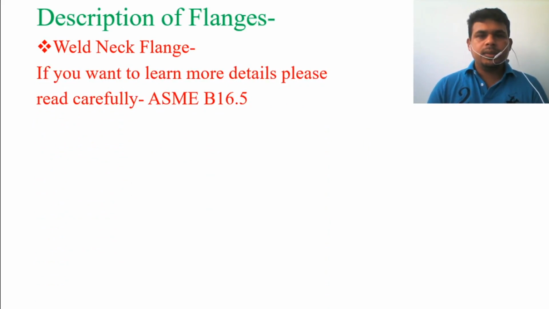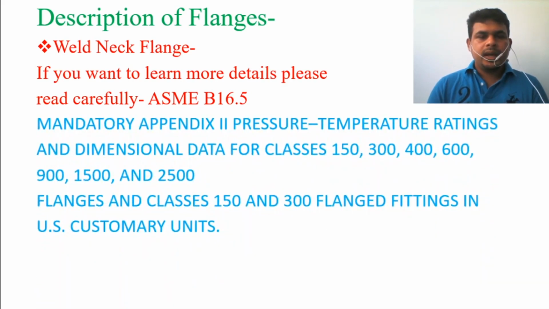If you want to learn more details, please read ASME B16.5 carefully, and ASME B16.47 for the big diameter flanges. ASME B16.5 Mandatory Appendix 2 gives pressure-temperature ratings and dimensional data for classes 150, 300, 400, 600, 900, 1500 and 2500 flanges and fittings in US customary units. I copied this from ASME.